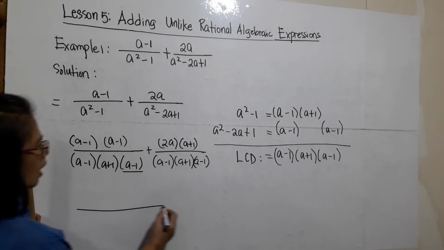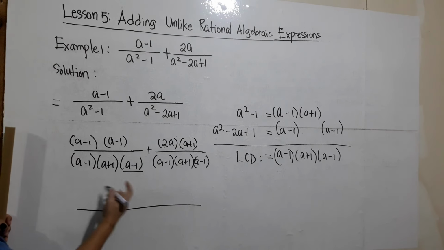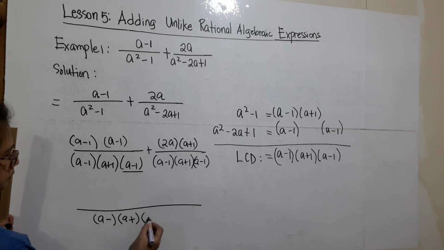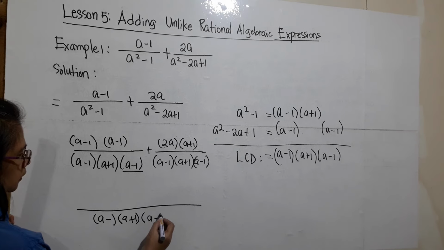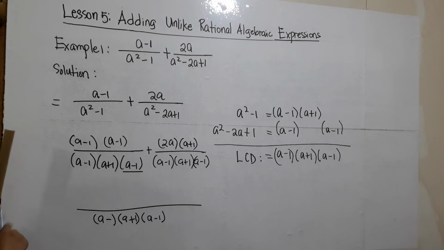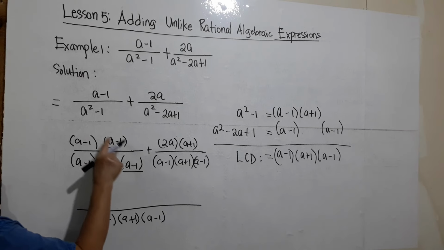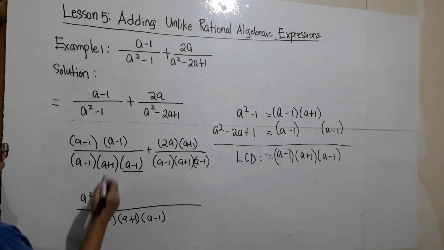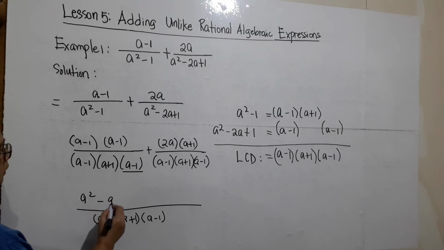So, we will now write the LCD once for the two addends: a minus 1. Then let us multiply the two factors in the numerator. a squared. a times negative 1 is negative a.